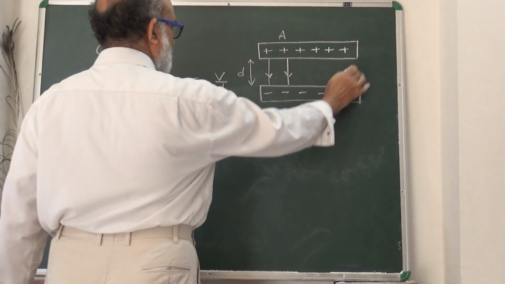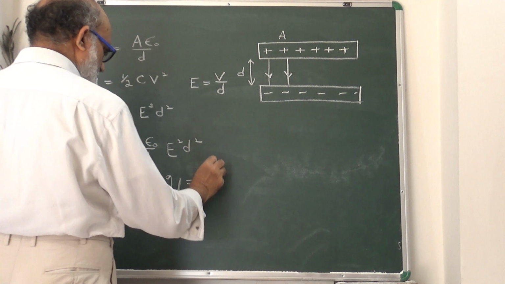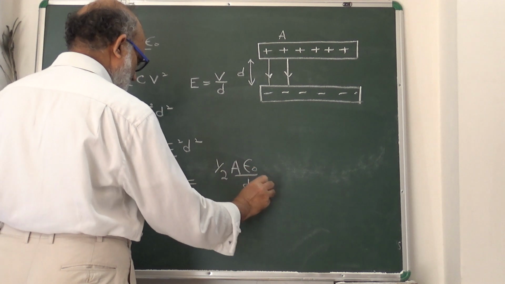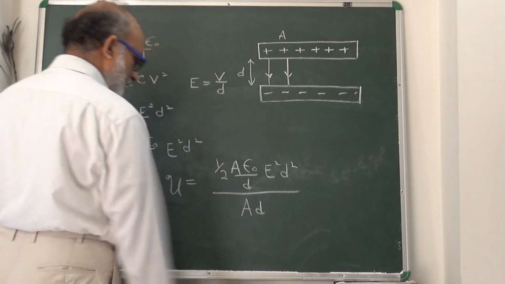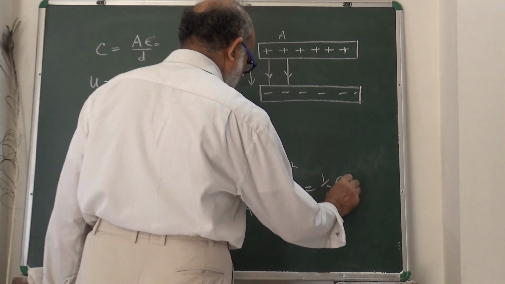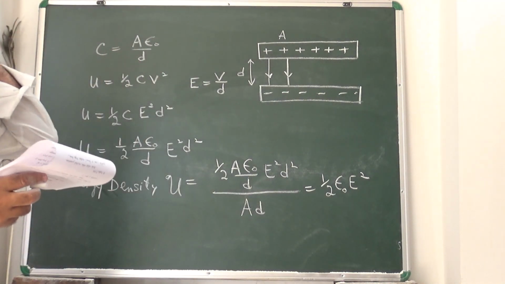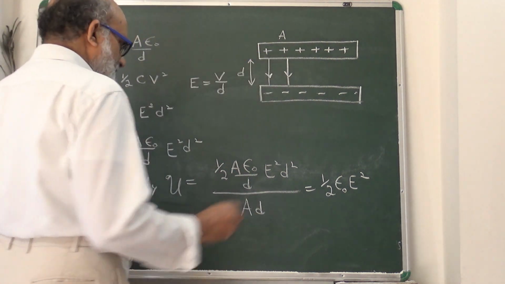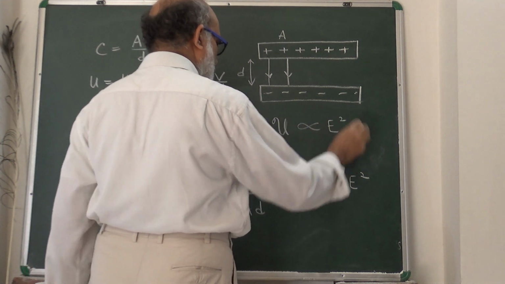The volume is the area times the separation. So it will be half A epsilon naught by D, E square D square, divided by A D. If you work it out, you will get half epsilon naught E square. So the potential energy density of this electric field is proportional to E square.